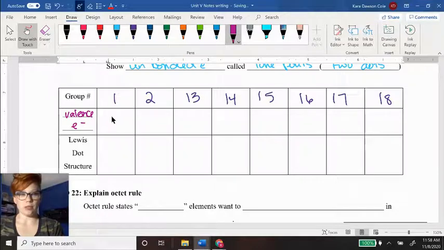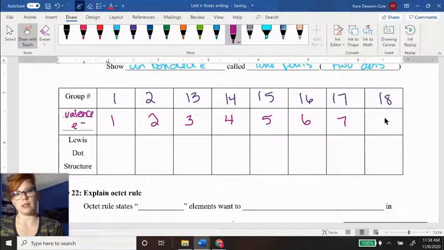So group 1 elements have 1 valence electron. Group 2 have 2. Group 13 have 3. Group 14 have 4. Group 15 have 5. Group 16 have 6. Group 17 have 7. And group 18 have 8. This is with the exception of helium, which only has 2 electrons, so we can't say that it has 8.